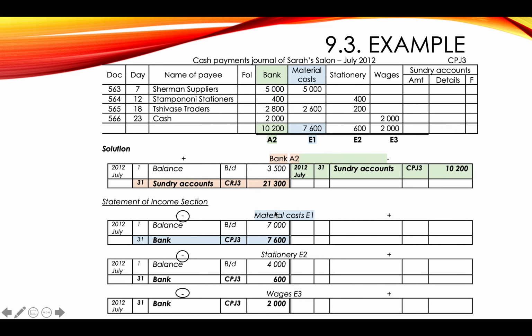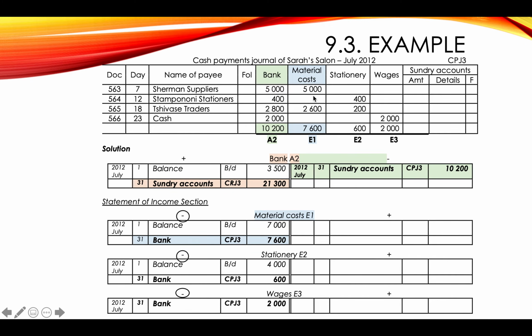It is an owner's equity expense, and because it's an expense, it's making equity smaller. So the more money we spend on material costs, the less equity we actually have. And so therefore, we're going to need to work on the debit side of material costs. You can see we already had the balance there, so it's quite easy to just carry on working below that. Put the amount of 7,600, your day 31, folio CPJ3.